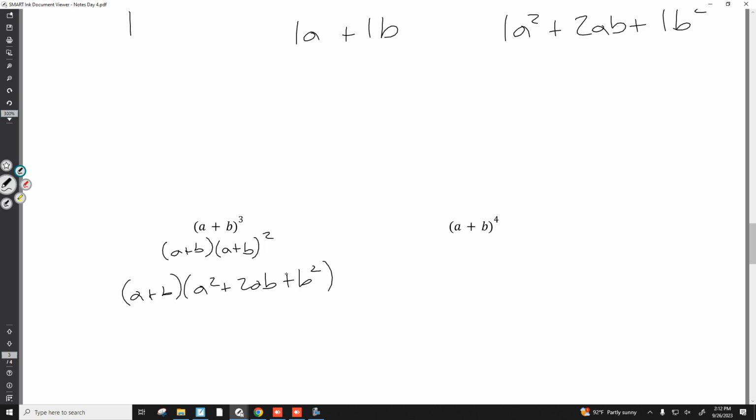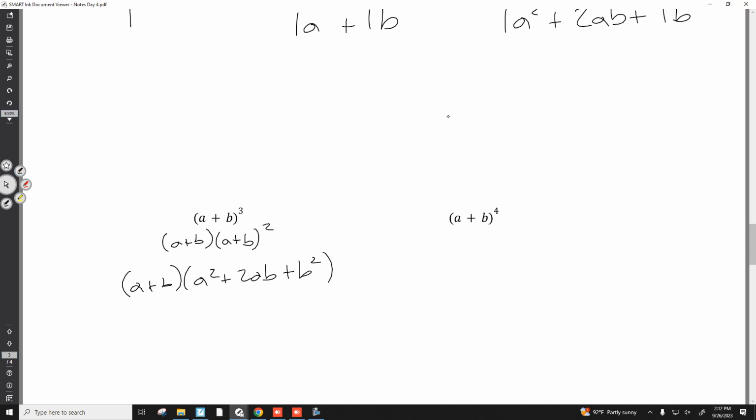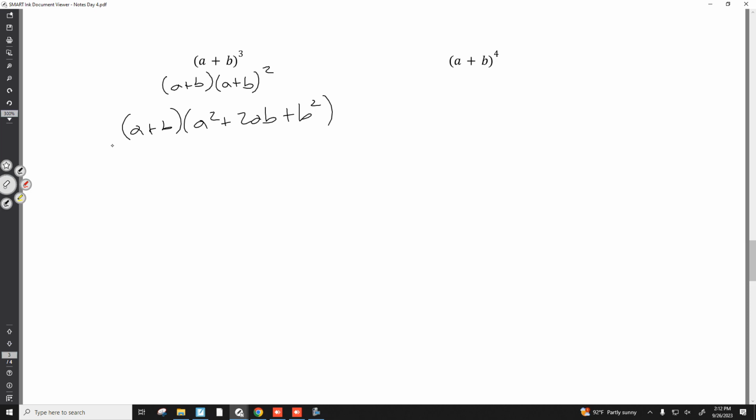I will show you this with the box. A plus b times a squared plus 2ab plus b squared. What's a times a squared?